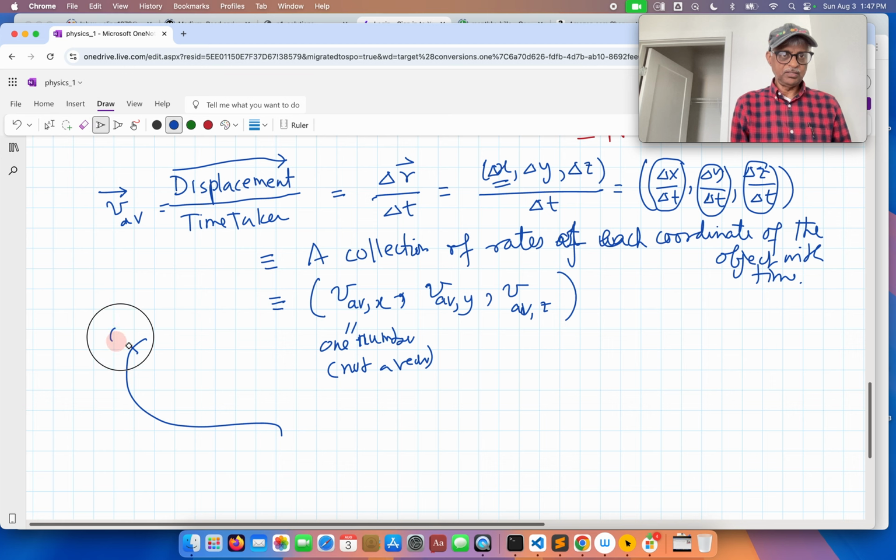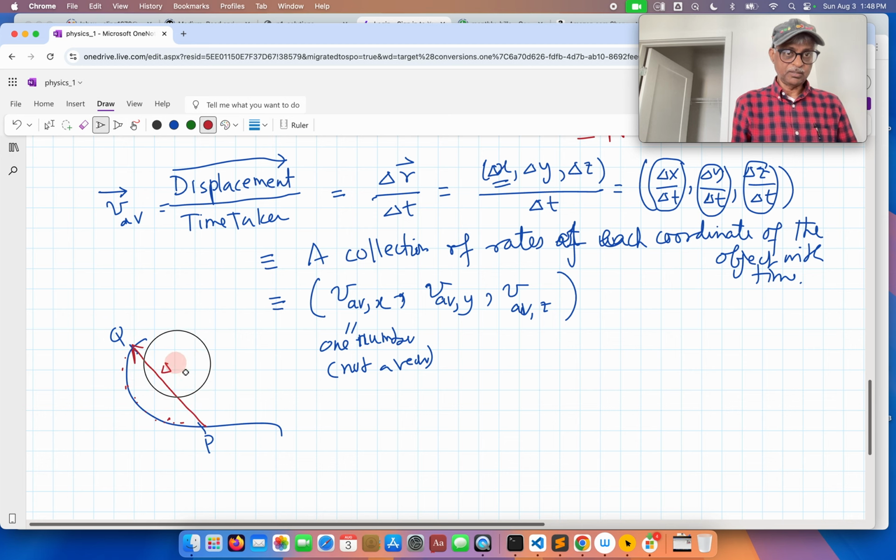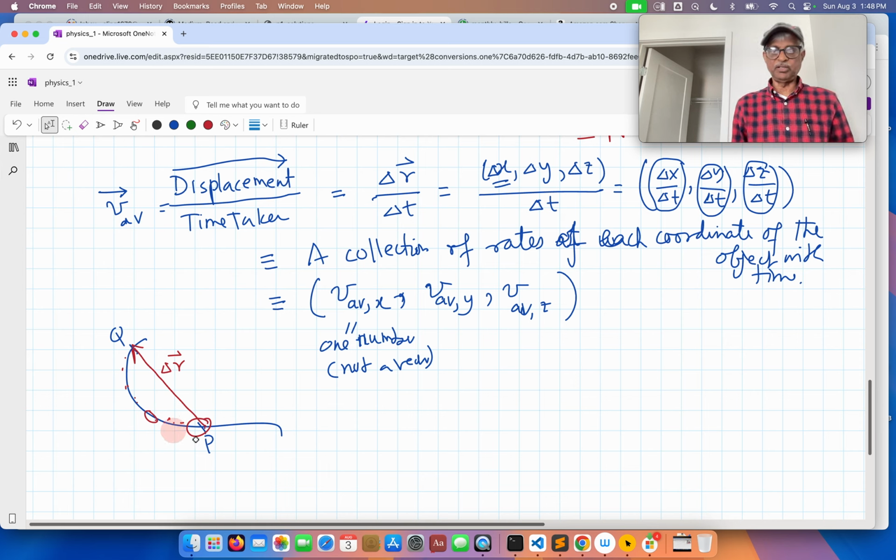So this is q and this is p. Displacement is not capturing what's happening in these different places, it's capturing the overall. This was delta r. So we want to know what's happening around a particular point. That means if I want to know around this point, I need a delta t not that far, but very close. I need q very close to p.